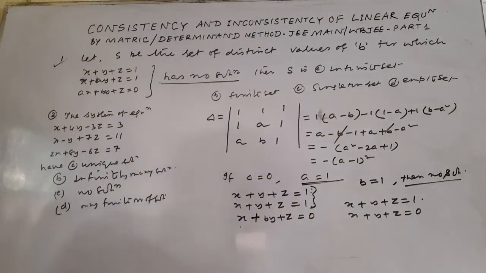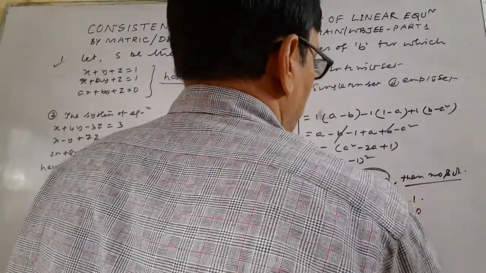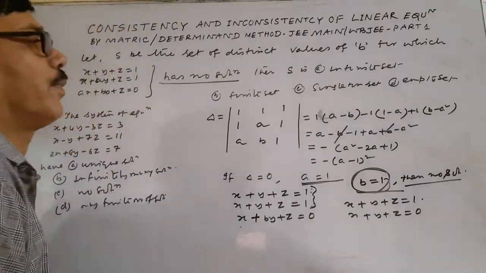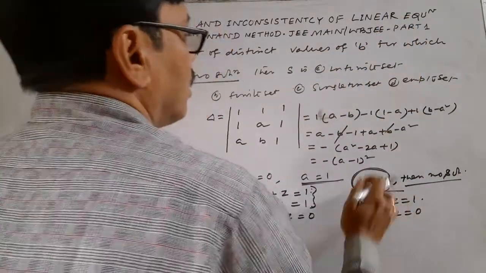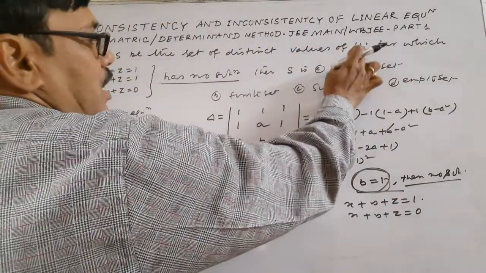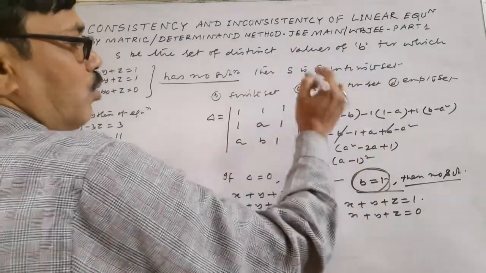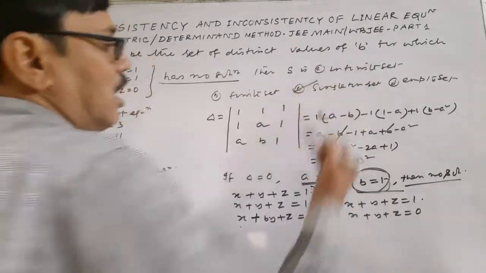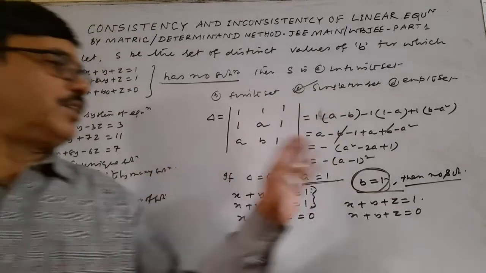So for no solution, what is the condition on b? b equals 1. So how many values of b are we getting? That is 1. Therefore b has only one value. So S has only one member, that is a singleton set. So we calculate delta.